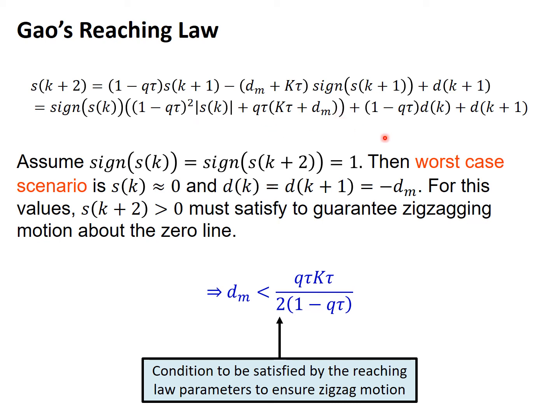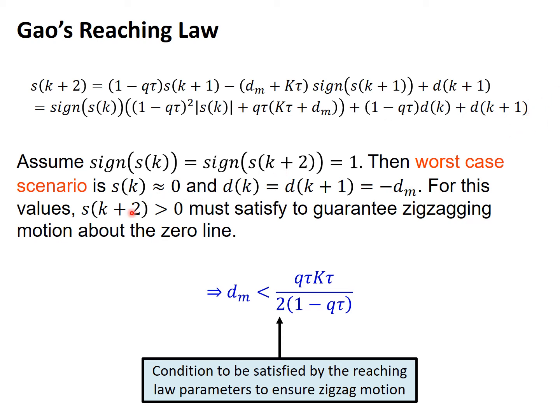Then these are constants, dk and dk plus 1. We assume both dk and dk plus 1 to be minus dm, which is the extreme negative it can take. Even for these assumptions, we must have sk plus 2 greater than 0. So putting sk equals to 0, dk to be minus dm, dk plus 1 to be minus dm, whatever RHS is coming, that must be greater than 0.